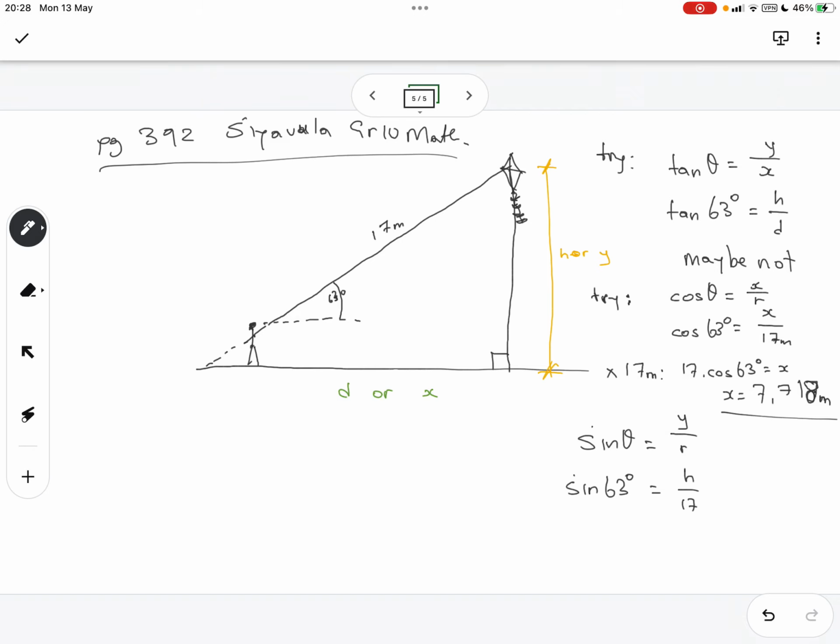Now, what do we do here to solve? When we're solving, think about sine 63 as a number.